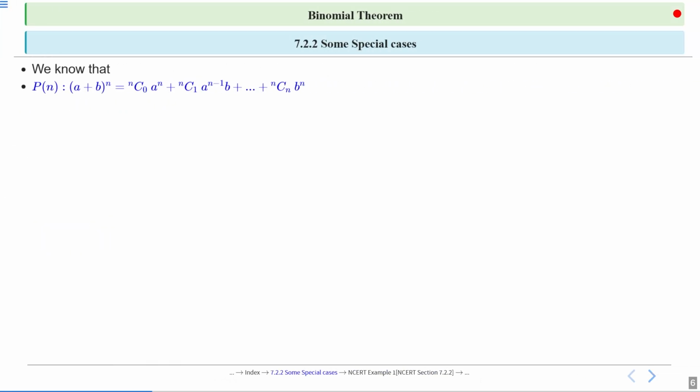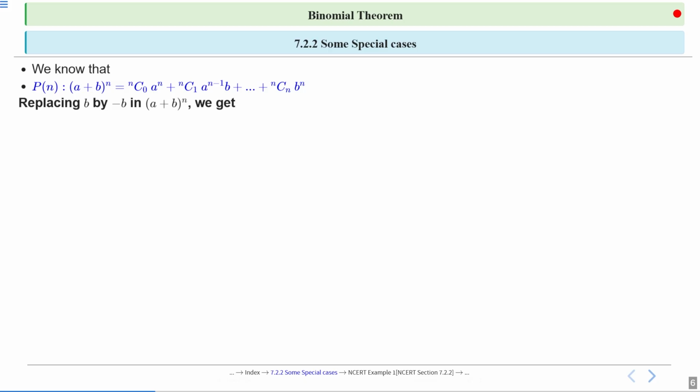Now we know that (a + b)^n = nC0 a^n + nC1 a^(n-1) b + ... + nCn b^n.